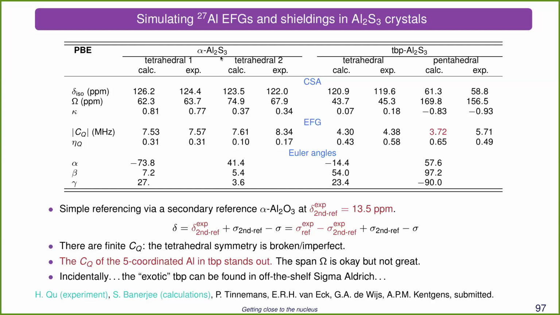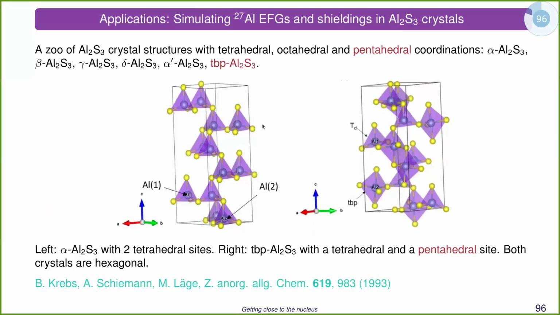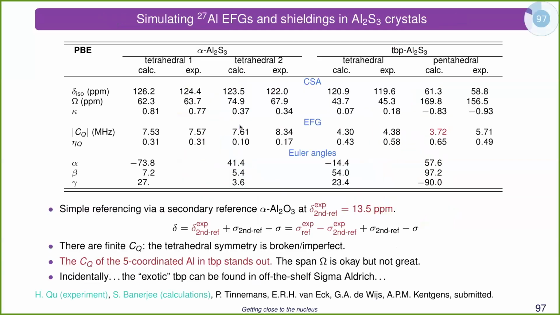When you look at aluminium sulfide, first thing to notice is that the EFGs actually are non-zero. If this would be a perfect tetrahedron, the symmetry would be perfect and the EFG would be 0 if this is at the tetrahedral symmetric site. This is not the case. It is slightly broken.